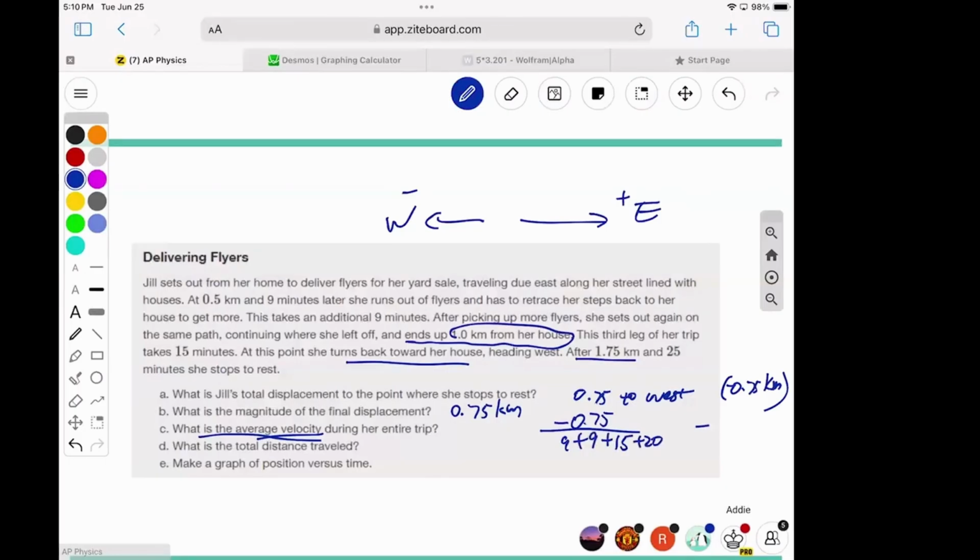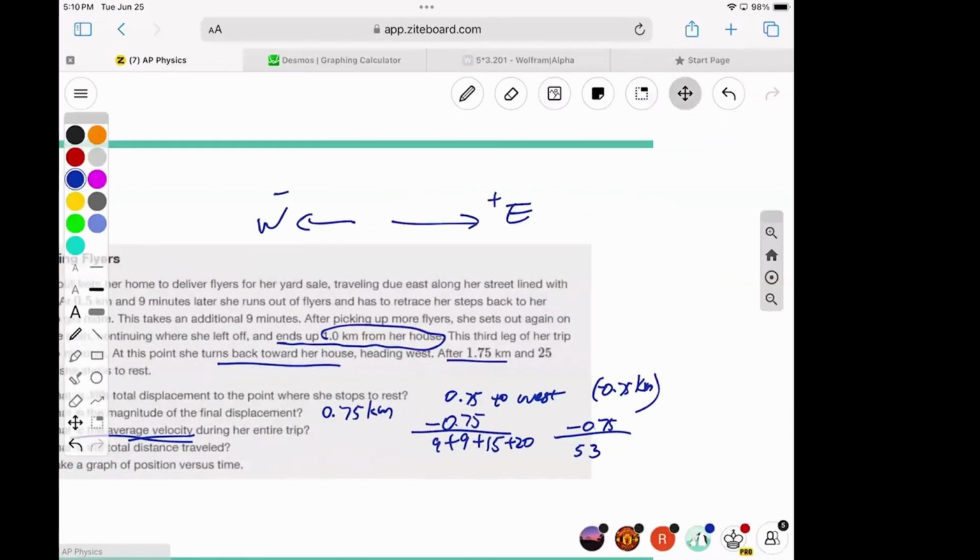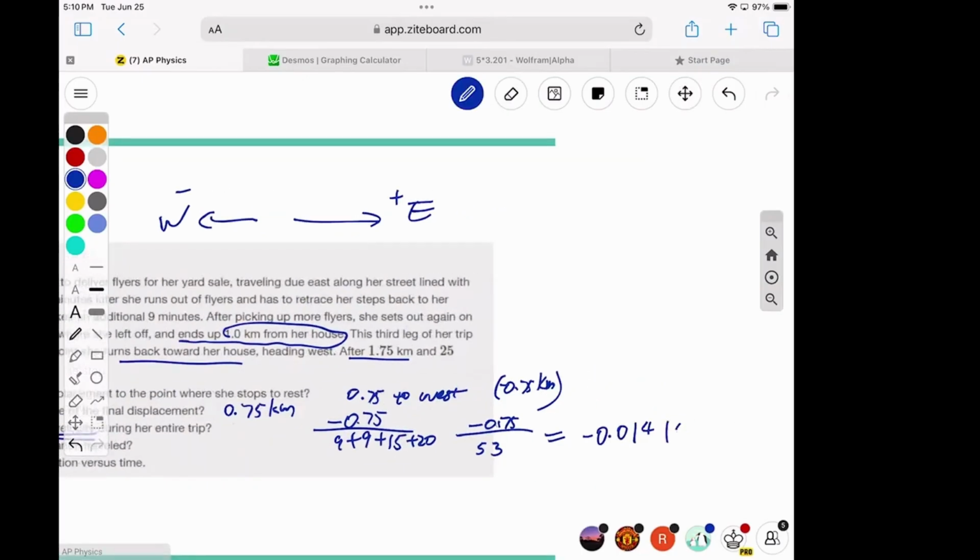So altogether, this is negative 0.75 divided by 53, right? And we're going to get an answer. Let me use the calculator. Negative 0.75 divided by 53, I get negative 0.014. It would continue with 1.5.